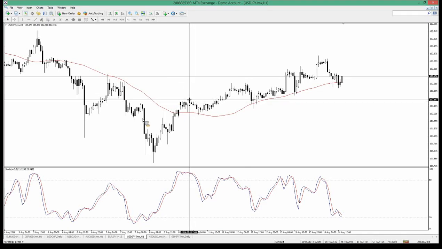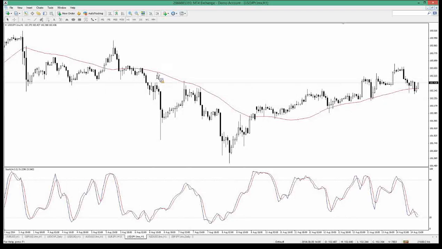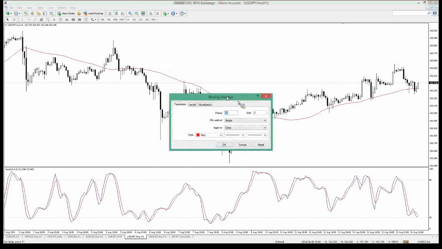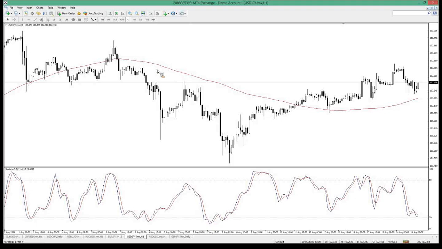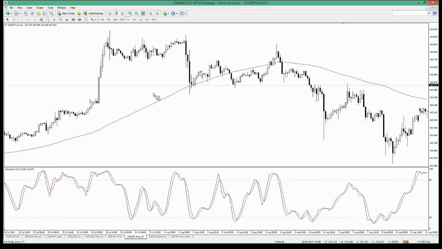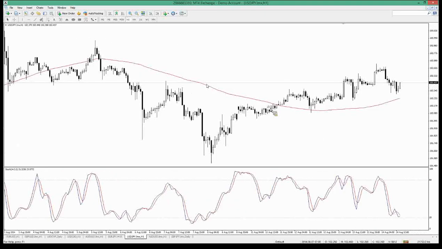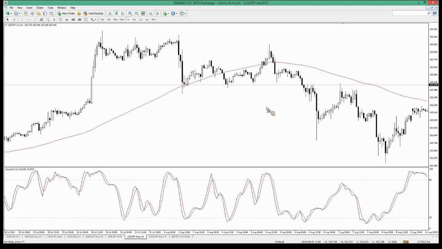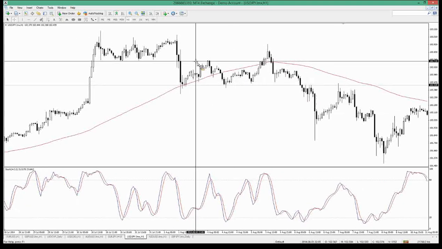Unfortunately, they're not all going to work out. Maybe we want something a little bit bigger than a 50, maybe 100 or something like that. Whatever you can use. I find the Bollinger Bands work very well. Okay, that we're testing it.